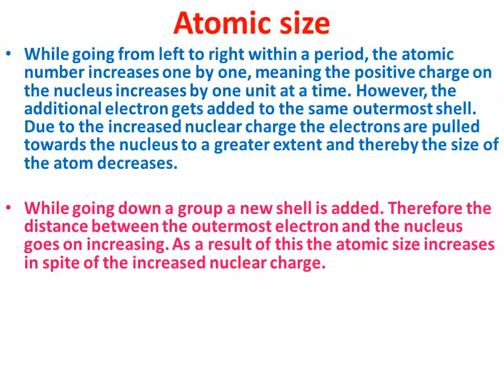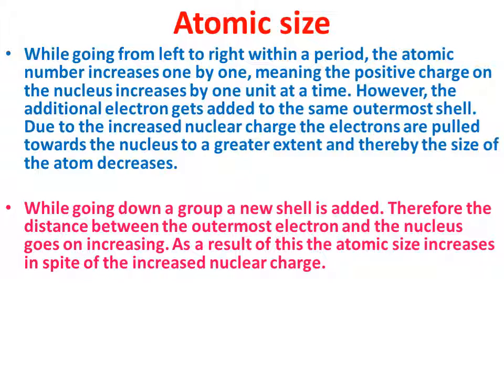Within a period, the atomic number increases 1 by 1, so the positive charge of the nucleus increases by 1 unit. However, the additional electrons get added to the same outermost shell. Due to the increased nuclear charge, the electrons are pulled towards the nucleus to a greater extent.